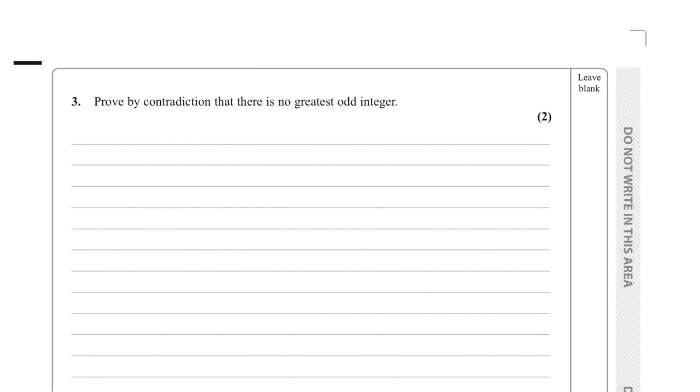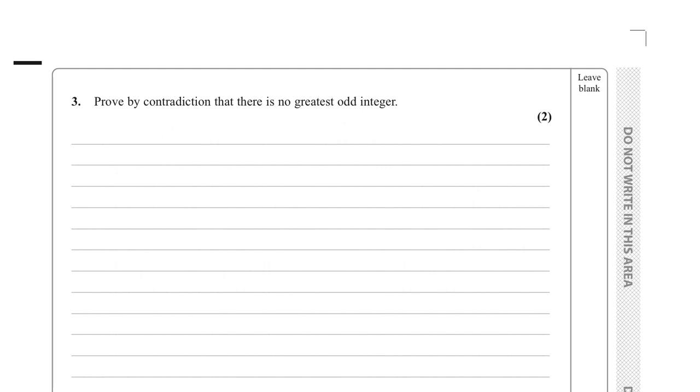How we prove by contradiction is easy. If it says prove that there is no greatest odd integer, we are going to assume that there is a greatest odd integer. So we need to start by, prove by contradiction that there is no greatest odd integer.